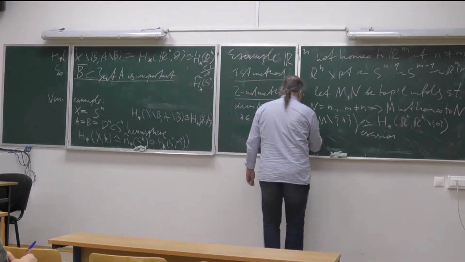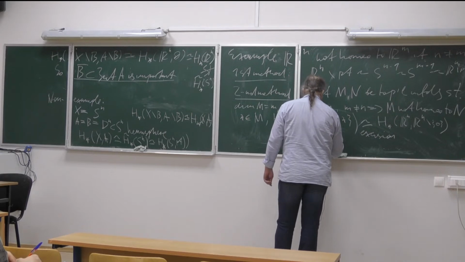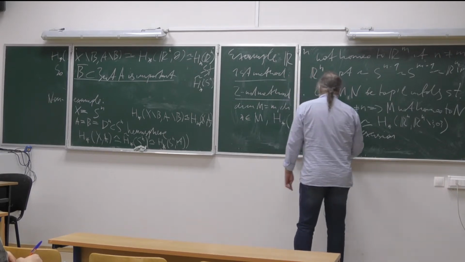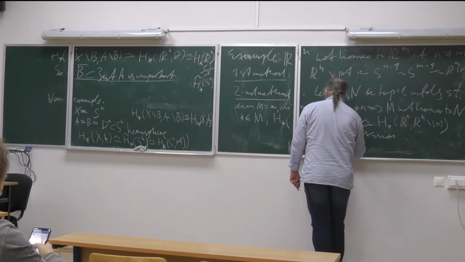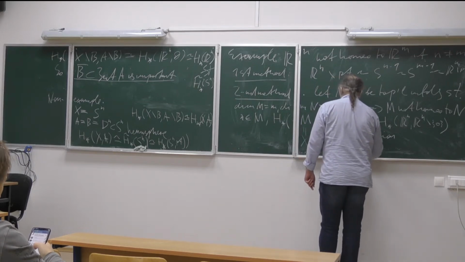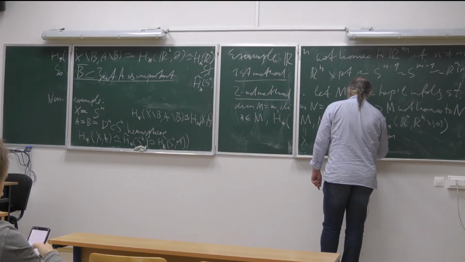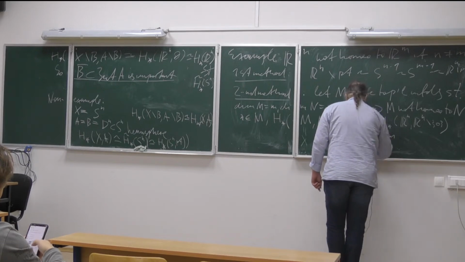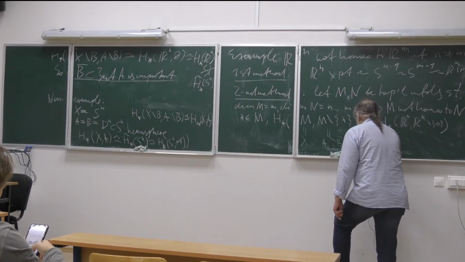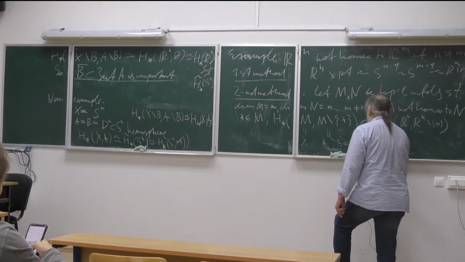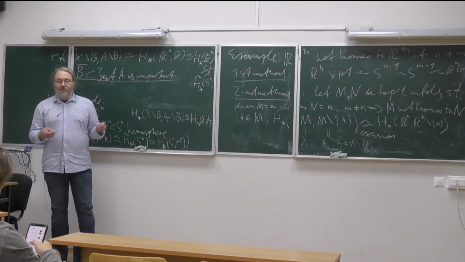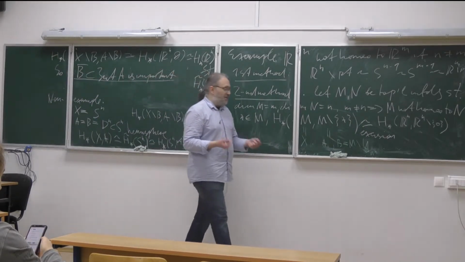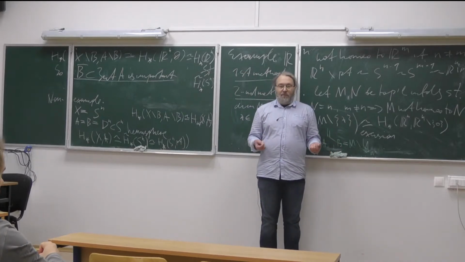I take this as X, this as A, and by the definition of a manifold, each point x has a neighborhood homeomorphic to Rm.